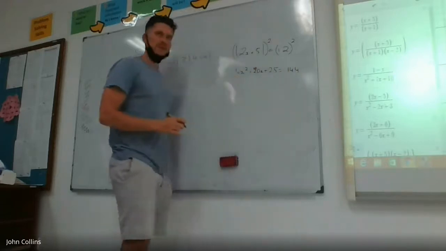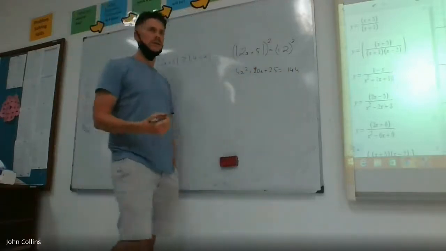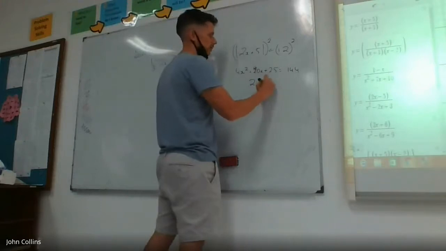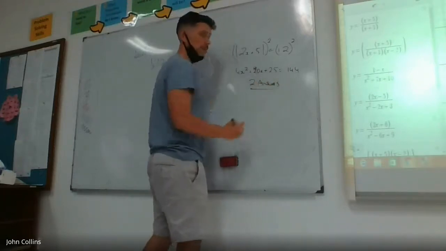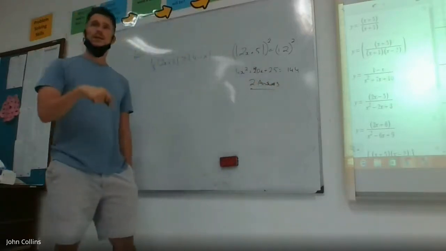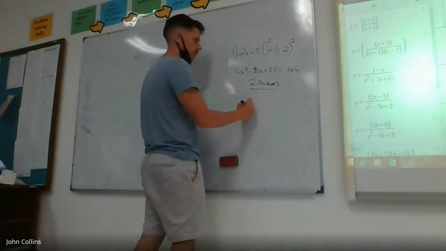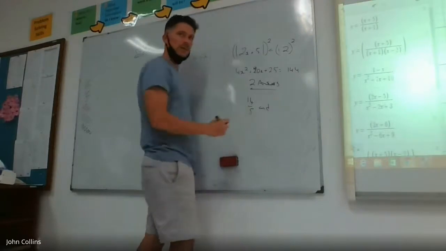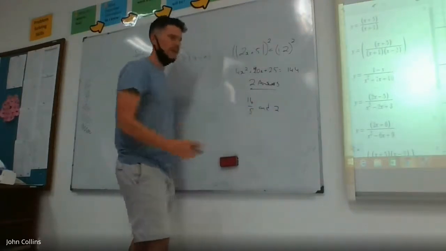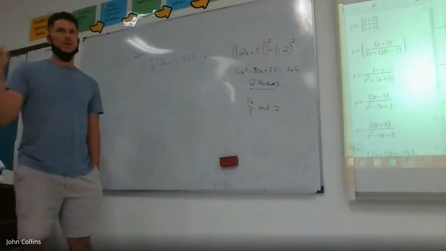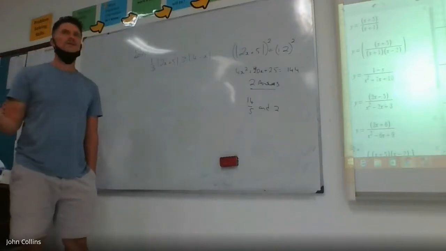Well, what will this give us? The end of this is going to give us 2 answers anyway, I know that. What did we get the last time when we worked it out? I know that's not the same equation, I can't remember what it was. We got 14 over 5 and we got whatever it was, 2. But we got 2 answers, 2 roots.